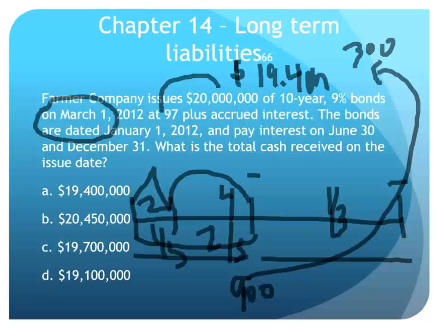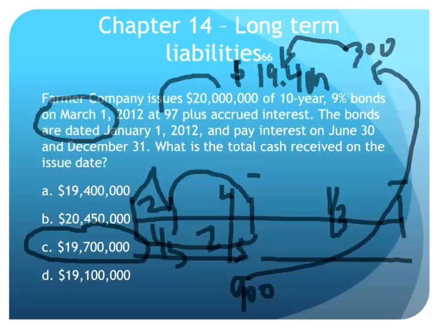Basically, since you didn't hold the bond in Jan and Feb, but you're going to pay the interest for Jan and Feb, and April, May, June, you're going to pay 900 anyway, you should get this 300 extra so that when you pay 900, you're even. So the answer here is 19.7 million. All right?